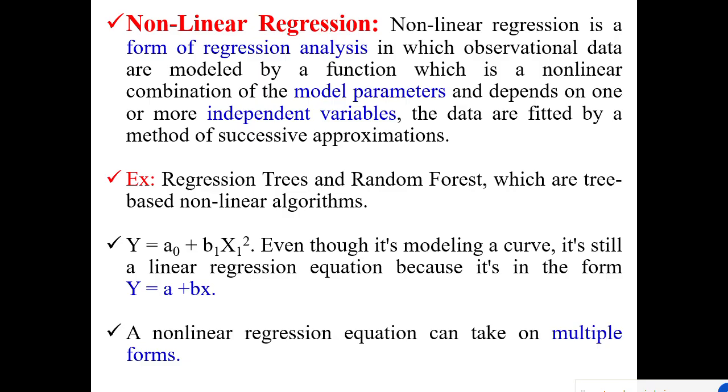Random forest is one of the classification models. It is based on decision trees, and here we are using a non-linear concept like y equals ax square plus bx plus c, like a naught plus b1 x1 square. Even though it is modeling a curve, it can still be written in the form y equals a plus bx.